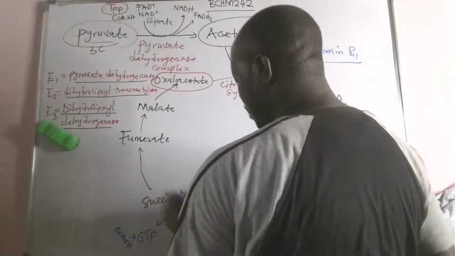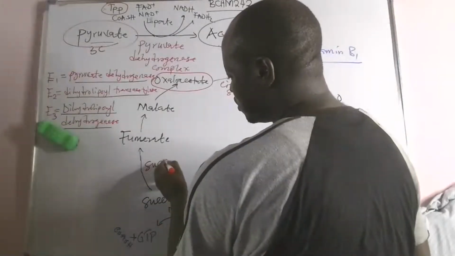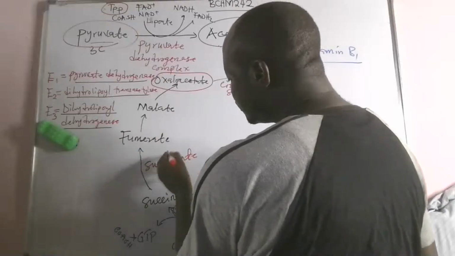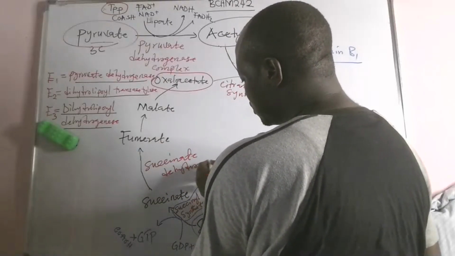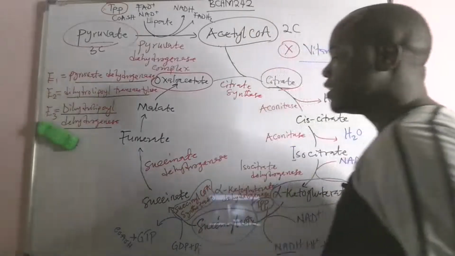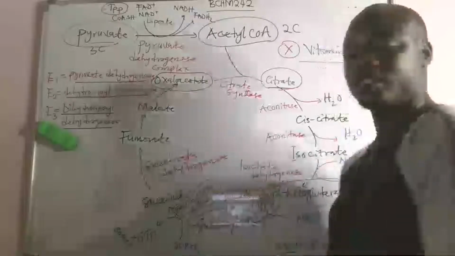You can call it that. The enzyme is called succinate dehydrogenase. So that is the name of the enzyme that converts succinate to fumarate.